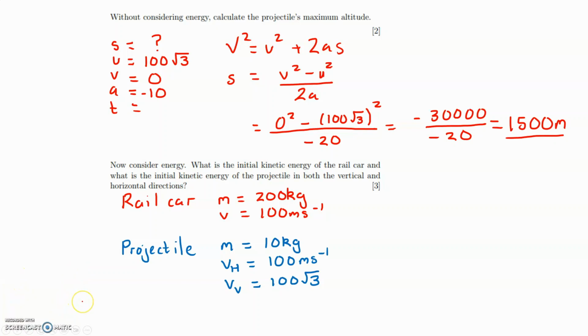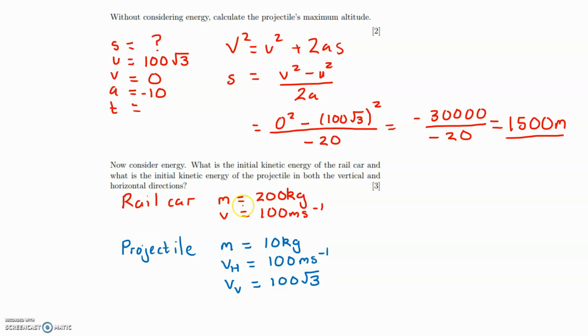So the next part of the question is asking you to consider energy. Now consider energy. What is the initial kinetic energy of the rail car, and what is the initial kinetic energy of the projectile in both the vertical and horizontal direction?